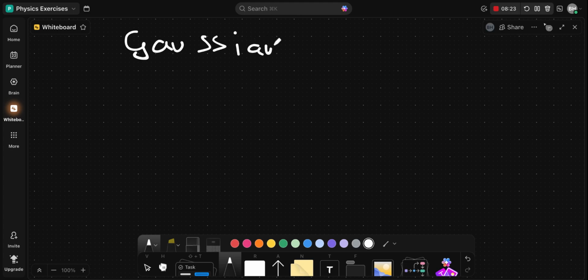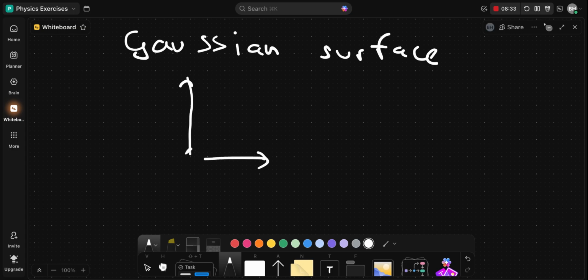So what is meant by a Gaussian surface? Again, here's a coordinate system. I just draw that for reference, x, y, z. By Gaussian surface, we mean a surface that we choose. It doesn't even have to be related to the charge distribution.